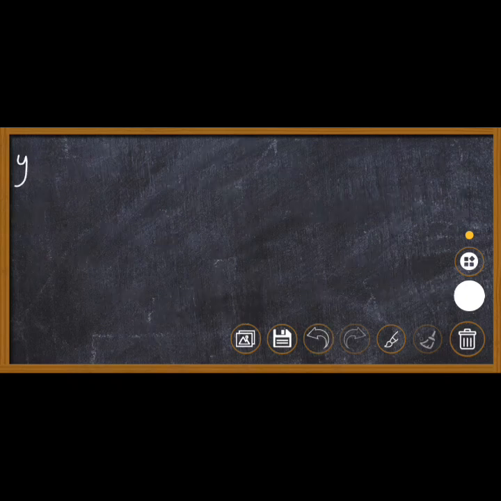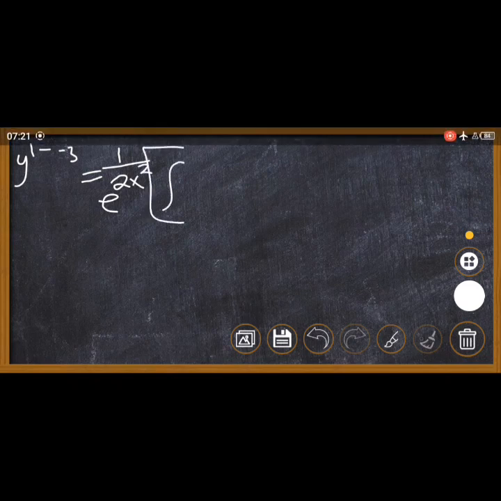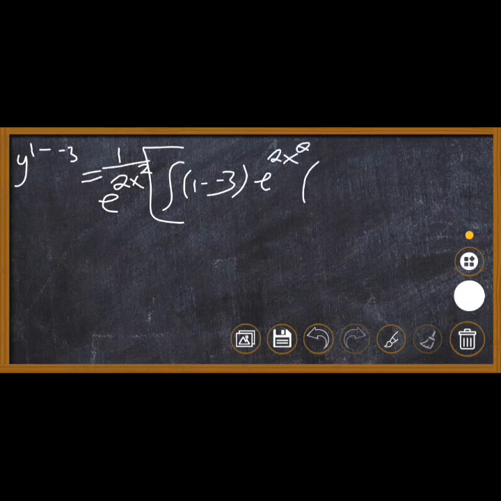So we have y to the 1 minus negative 3 equated to 1 over e 2x squared. Then we have the integral of 1 minus negative 3, and then our integrating factor is e raised to power 2x squared, and then our q of x is x e power negative x squared, and then we have dx plus constant value c.